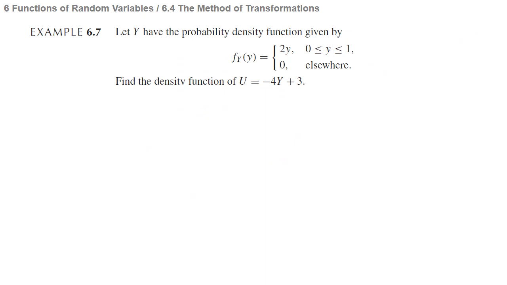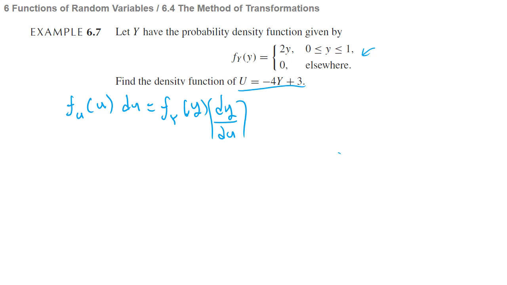Let's move on to example 6.7. Let Y have the probability density function given by this, and find the density function of U equal to this thing. Okay, so here let's find f_U, the density function of U. f_U(u) du equals f_Y(y) dy, so dy du.